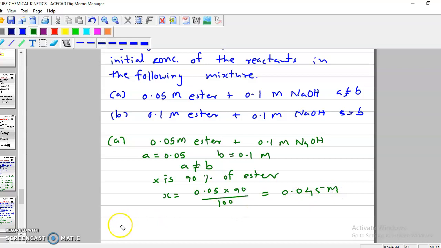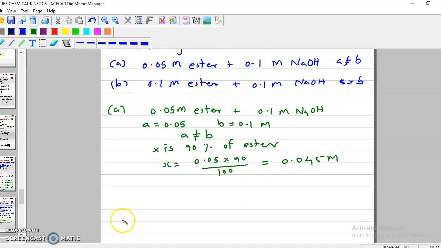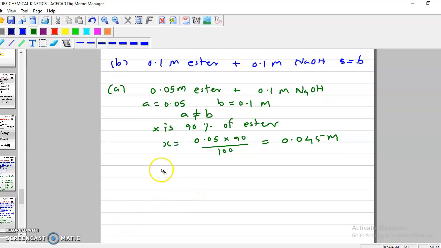Now we have A and B with us. As in the formula, A should be the higher concentration. So let us put A is equal to 0.1 molar and B is equal to 0.05 molar ester.